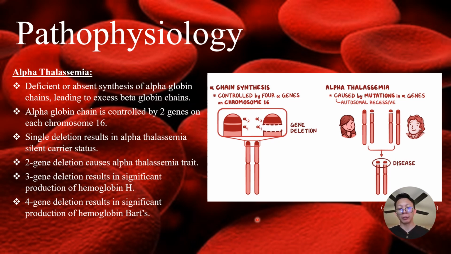And here's also a picture showing an explanation in regards to what alpha thalassemia is. Again, in cases where all four alpha globin genes are affected, severe anemia and potential complications like organ damage can occur, while individuals with fewer affected genes may exhibit milder symptoms.